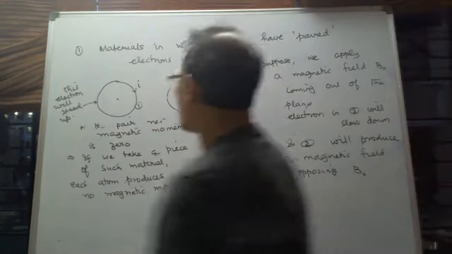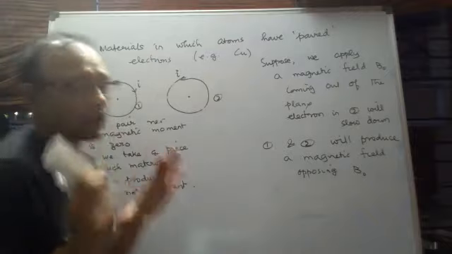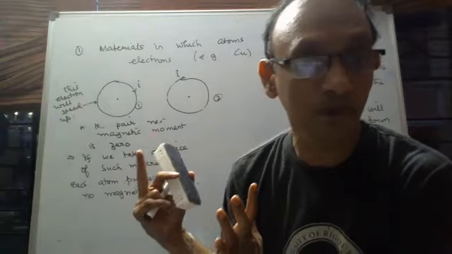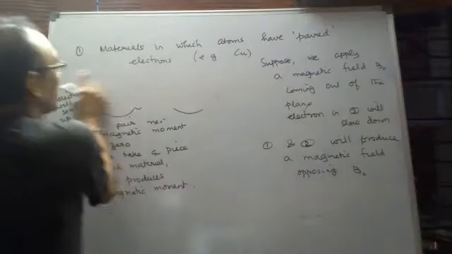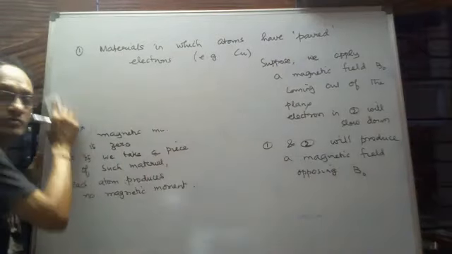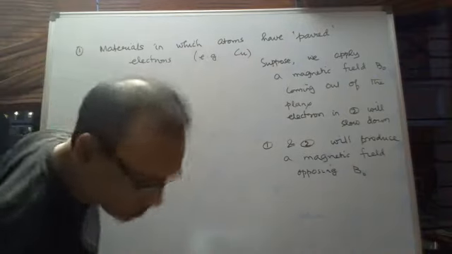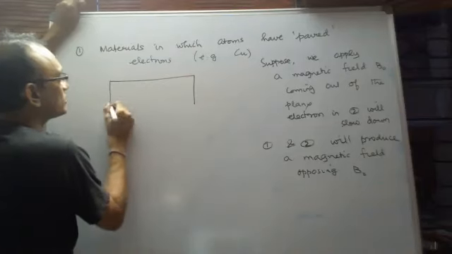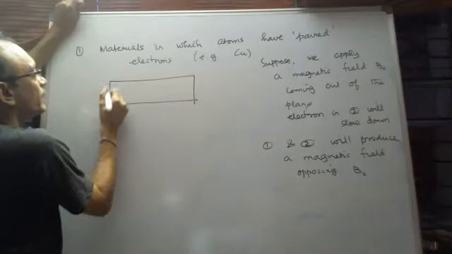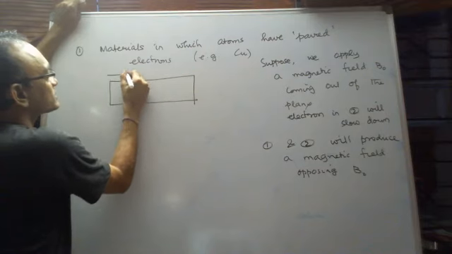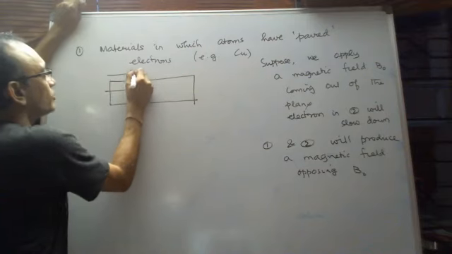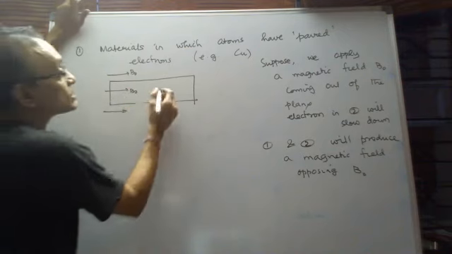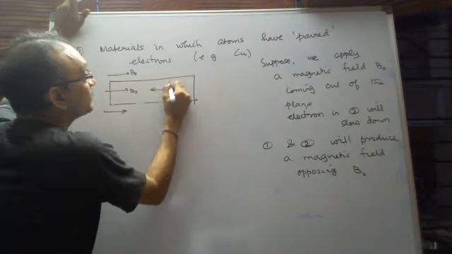So this is what will happen. I have explained to you at the atomic level what is happening, where there are paired electrons. If there is a piece of matter like this with paired electrons, and I apply an external magnetic field B naught to it, then the induced magnetic field will oppose B naught.